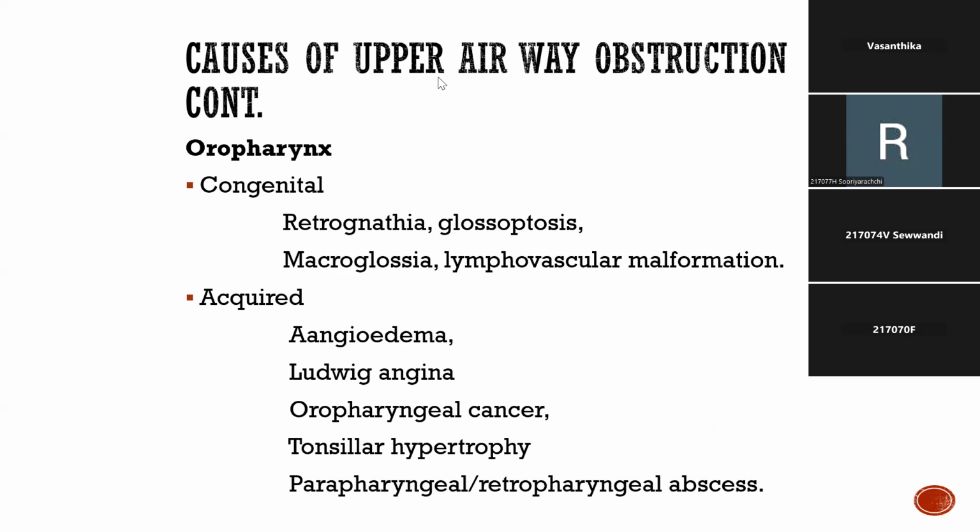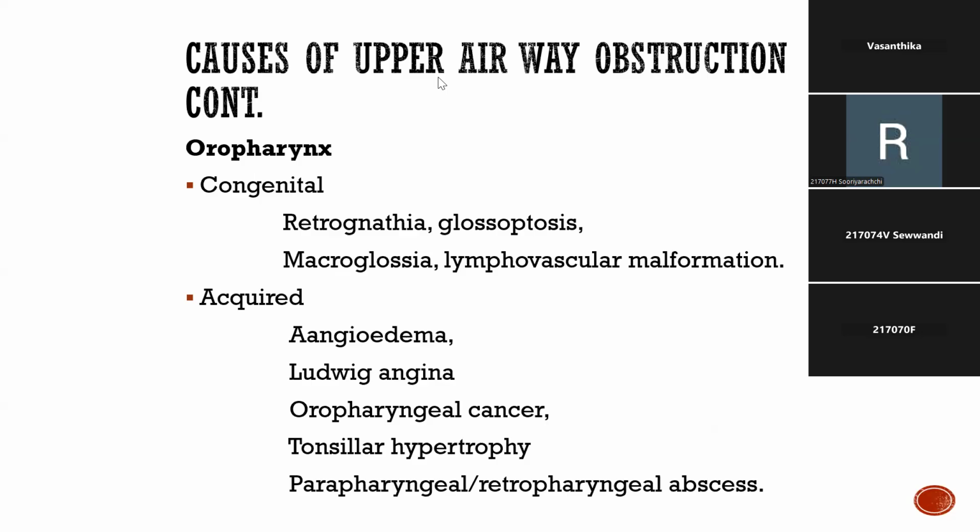Anything in the oropharynx can be due to congenital conditions like micrognathia, macroglossia, that means an enlarged tongue, an abnormal mandible, and lymphovascular malformations like lymphangiomas.